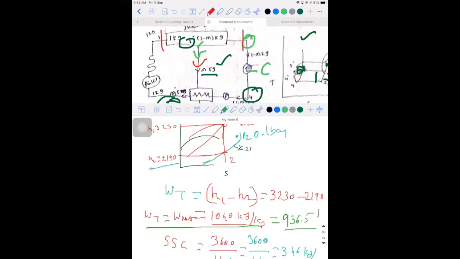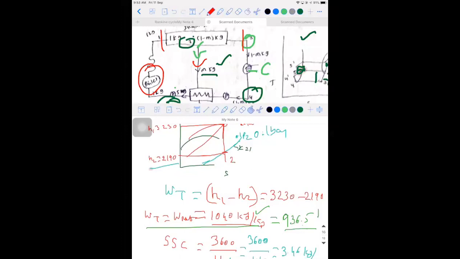The work produced in the regenerative cycle is 936.5, which is less than without regeneration. So if you want to produce more work, we need a bigger boiler size. There is a point you have to keep in mind.